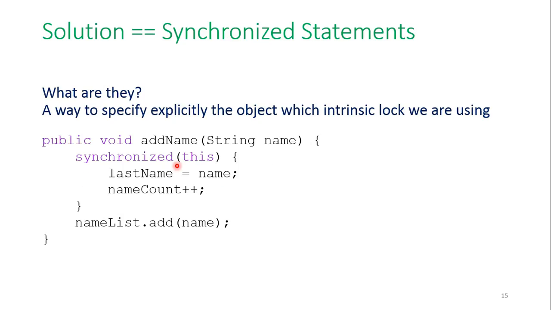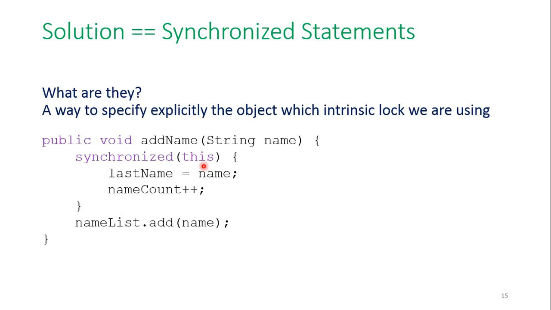The synchronized keyword, like before, except that here it's not used to prefix a method. I'm going to specify between parentheses the object, which intrinsic lock I want to use to achieve synchronization.